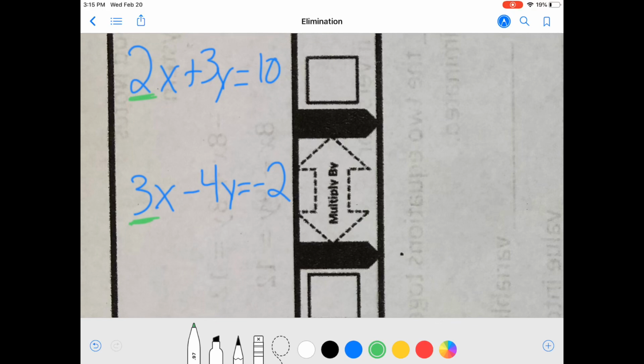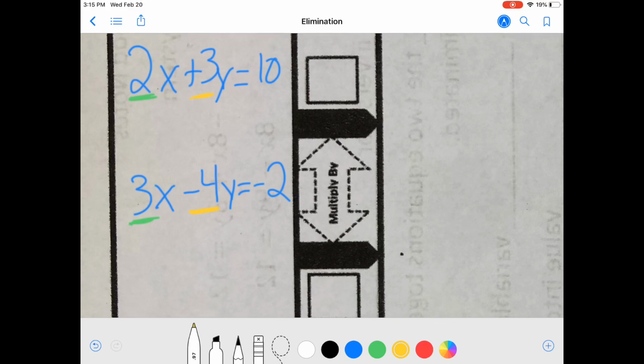We could also multiply both of them to get 30, but we're going to figure out the smallest number. You could also do the same thing with the coefficients of y. You could look at 3 and negative 4 and get them to 12, or a different number. But we're going to look at the coefficients of x.